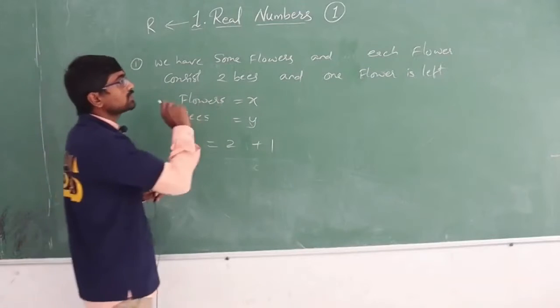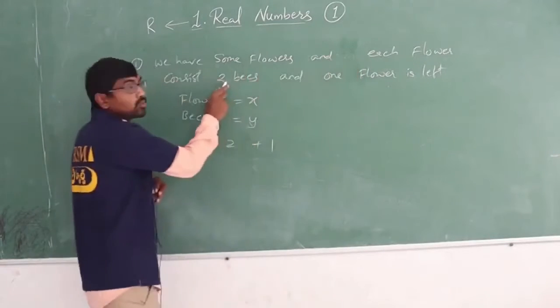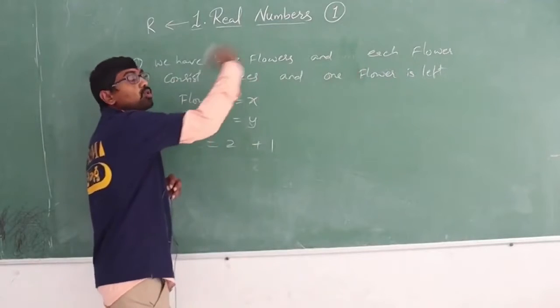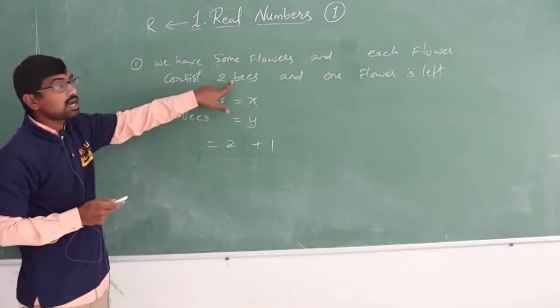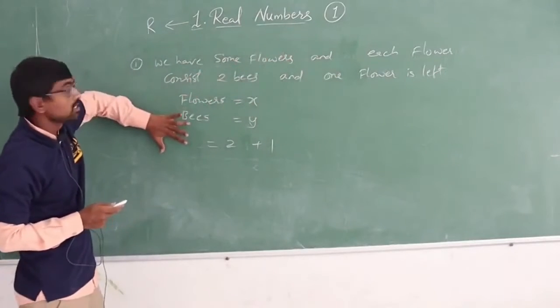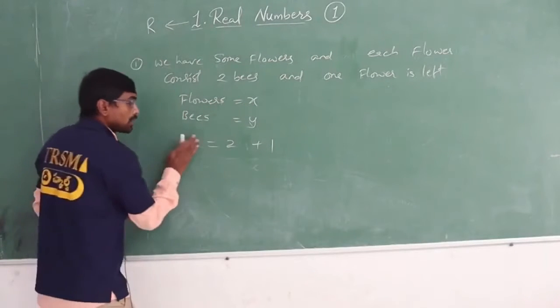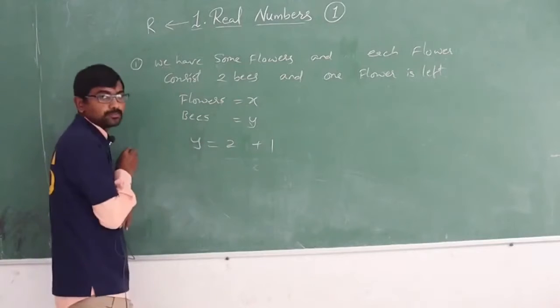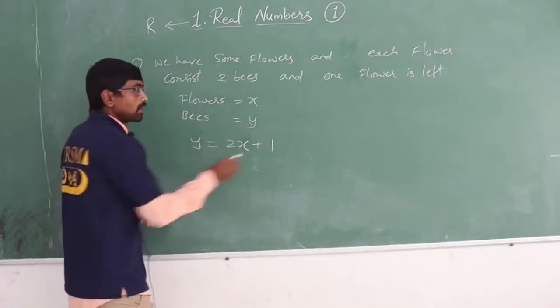Why? Because you can see in the statement clearly, we have some flowers and the quantity of bees is more than the quantity of flowers. Bees are more than flowers. So we have to take this statement in terms of bees, not in terms of flowers. So the number of bees y is equal to 2 into the number of flowers plus 1.